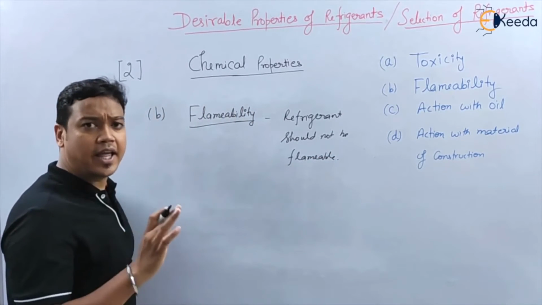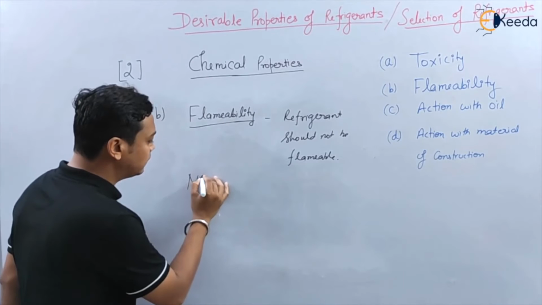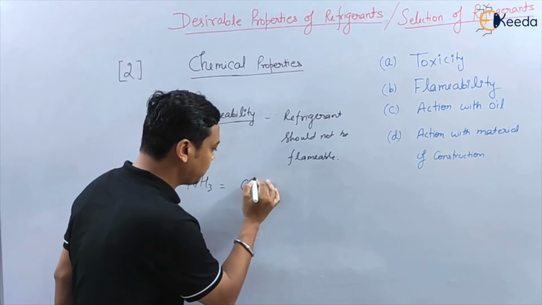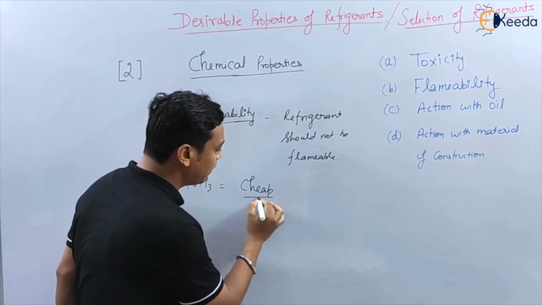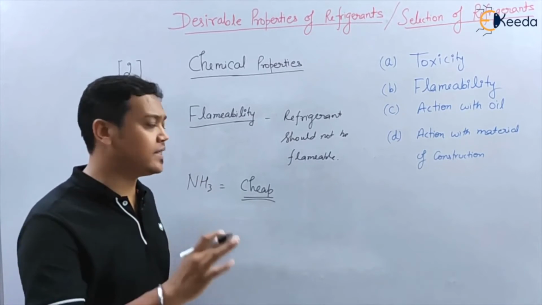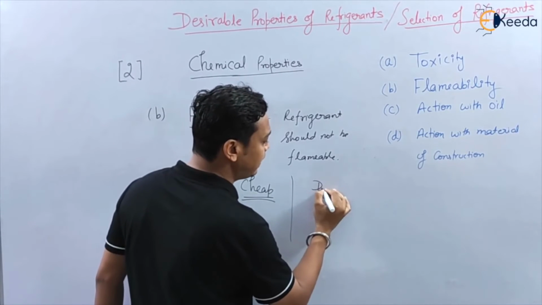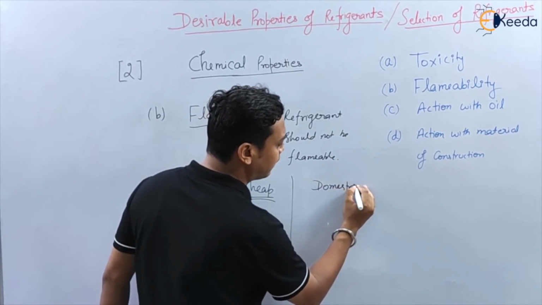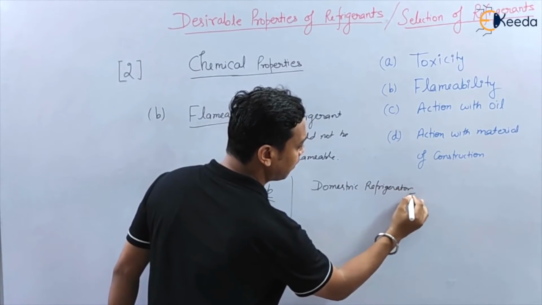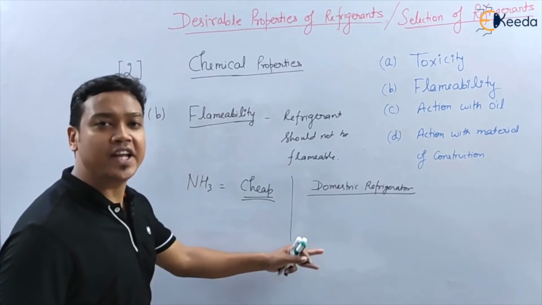Here we see the example again, ammonia. Ammonia is very cheap, but we cannot use ammonia in our domestic refrigerator, what we call a fridge in our house.